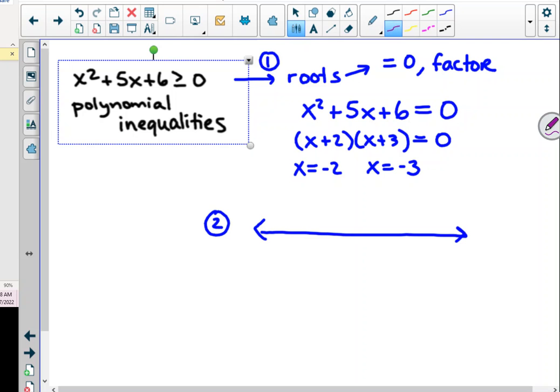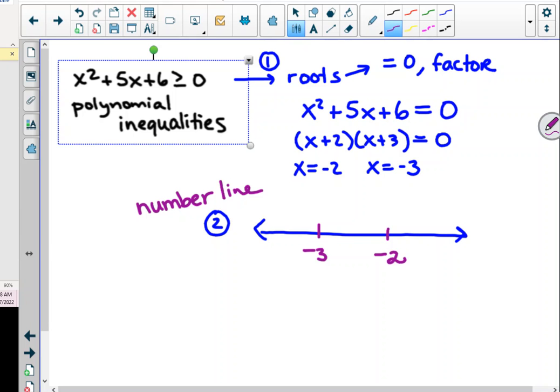Next thing I'm going to do, I'm going to put these roots on a number line for myself. And I'm going to use this number line to organize information about my function.